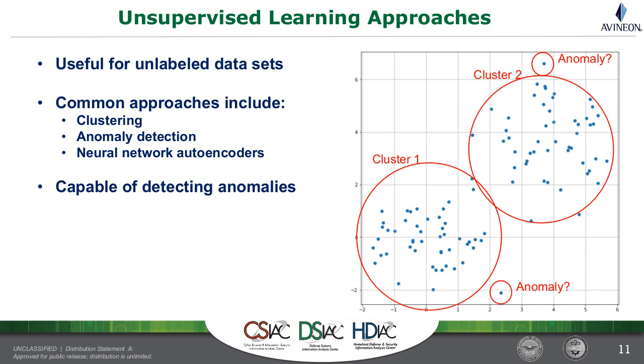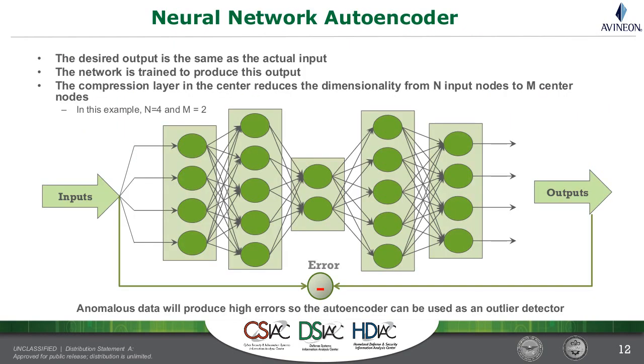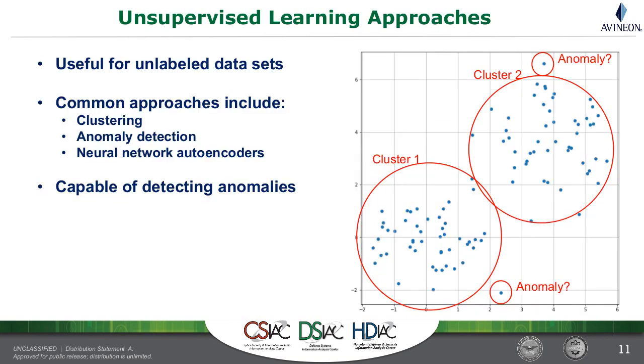So if you go to the next slide, we'll talk a little bit about clustering here. You should be on slide 11. On slide 11, you're looking at some simple two-dimensional data, and it's been divided into two clusters.